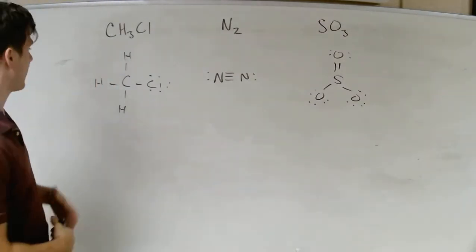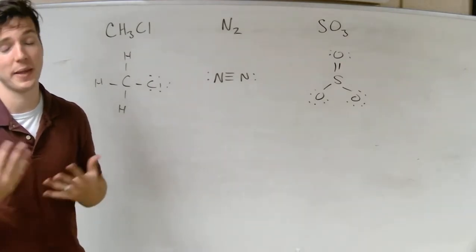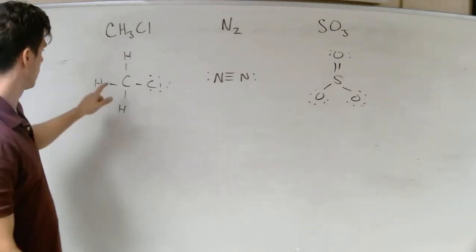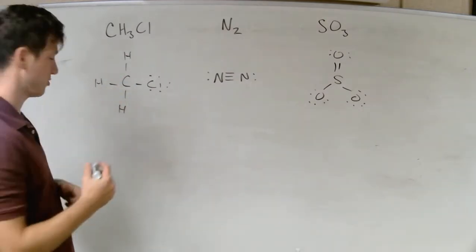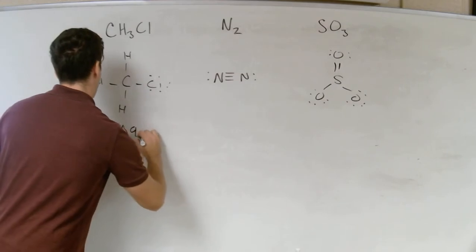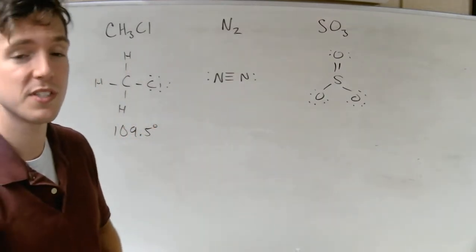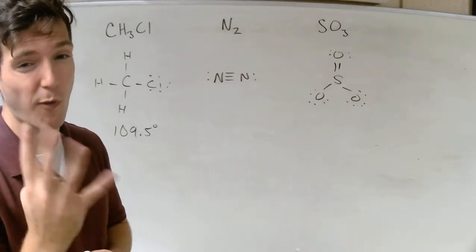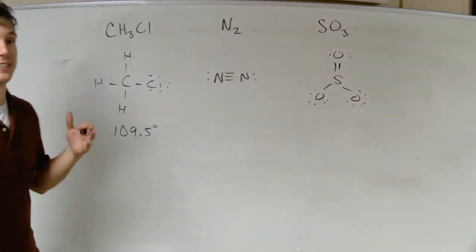If you look at CH3Cl, let's figure out how many domains there are around that central atom. 1, 2, 3, 4. So remember, if there's 4 domains, it's our favorite radio station, 109.5 degrees. When we see this, we see that that central atom is surrounded by 4 atoms. If it's surrounded by 4 atoms, it's called our tetrahedron.